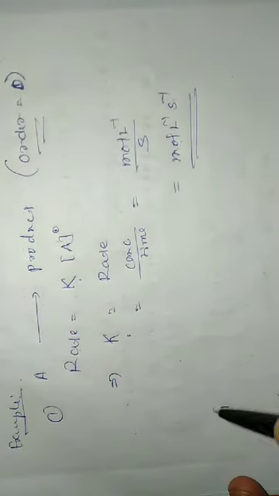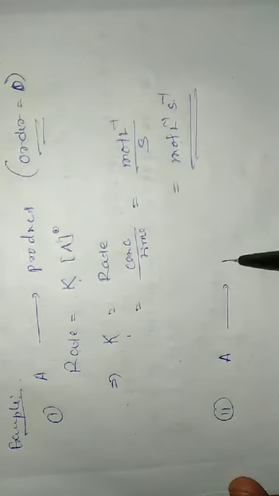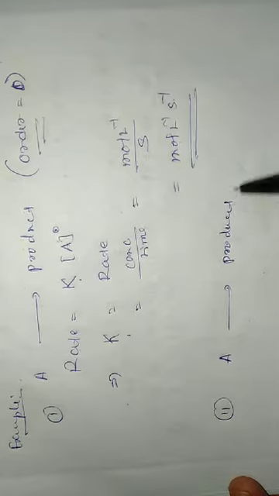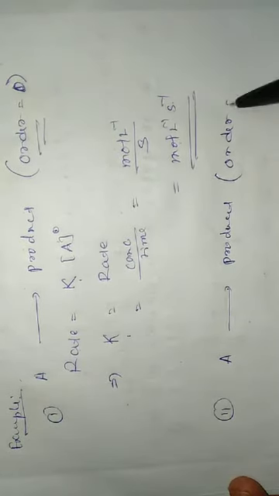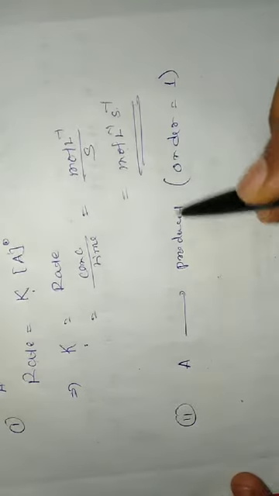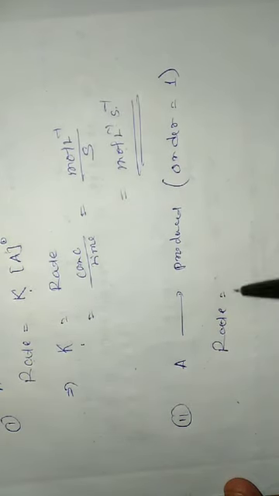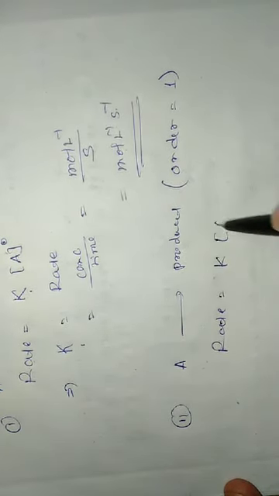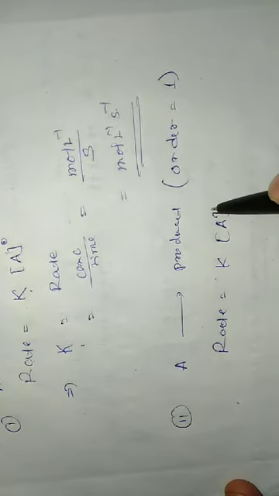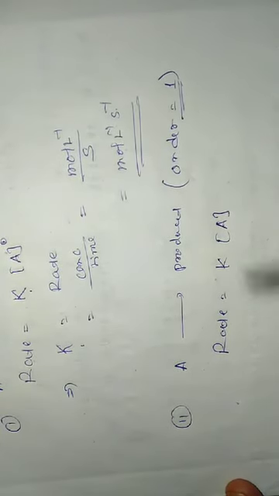Similarly, one more example. Suppose A is converted to product, given in the equation. This is a first order reaction. So how can you determine the rate law for this reaction? Rate equal to k into concentration of A. What will be the exponent of A? 1, because the order of this reaction is 1.